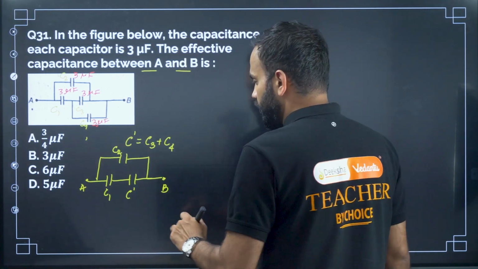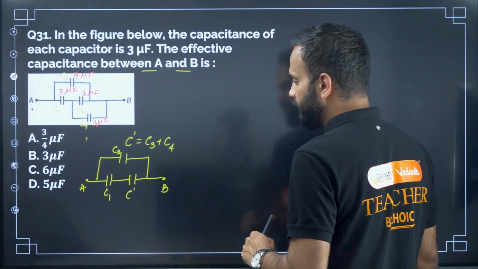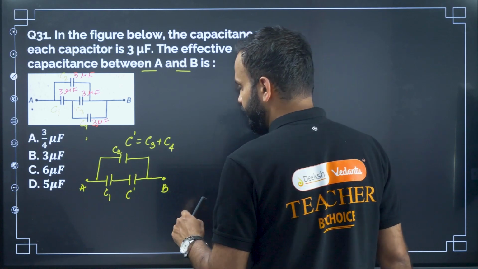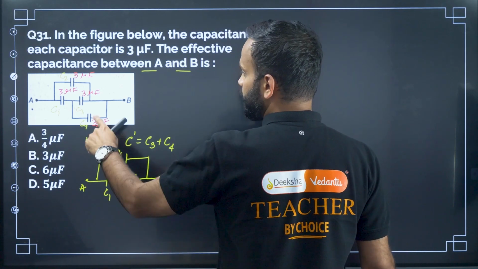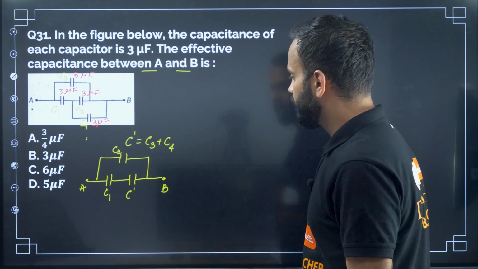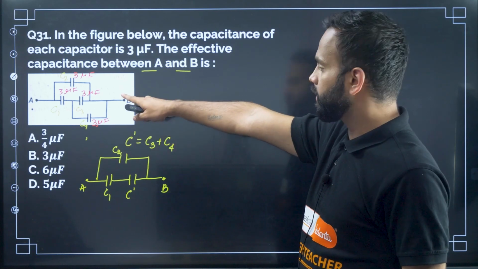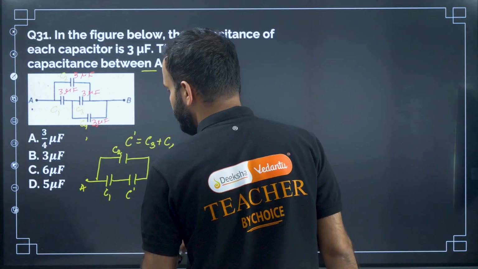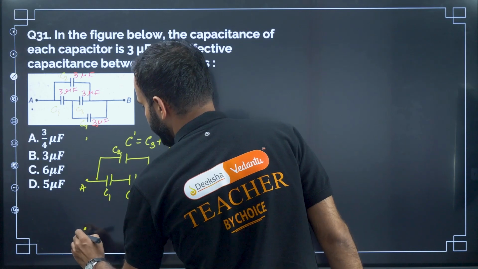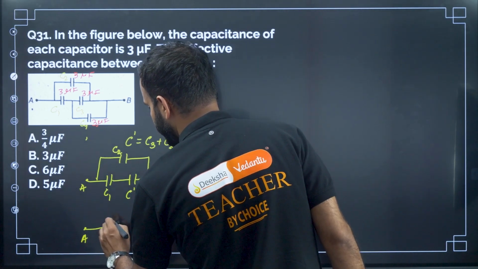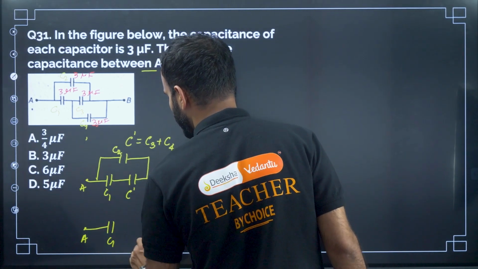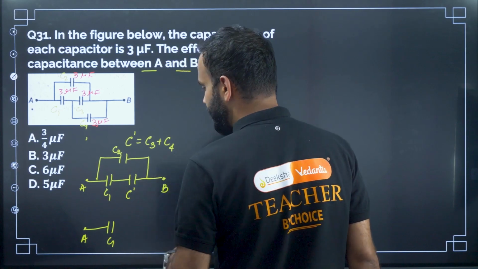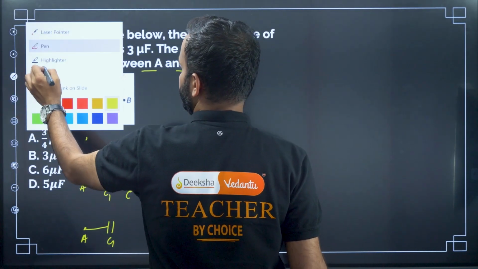Now we need to find the equivalent capacitance between A and B. C3 plus C4 is 6 microfarad, since C4 is 3 microfarad and C3 is 3 microfarad, so this will be 6 microfarad. Now C1 and C dash are in series, right?